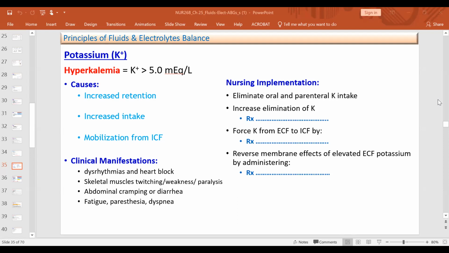So to treat hyperkalemia, we said that the lower level of managing hyperkalemia is to give diuretics or Kayexalate. Second level is to force the potassium to be moved from the ECF to the ICF, from the blood vessels or plasma space inside the cells, by administering IV insulin with glucose or sodium bicarbonate.